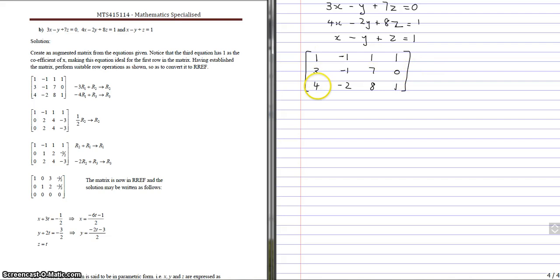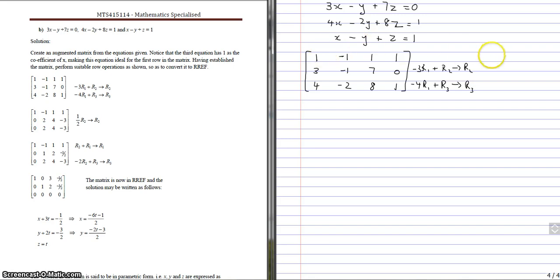And in the third row we multiply the first row by negative 4 and add to row 3. So we've got negative 3 times row 1 plus row 2 to become row 2, and then negative 4 times row 1 plus row 3 to give row 3.